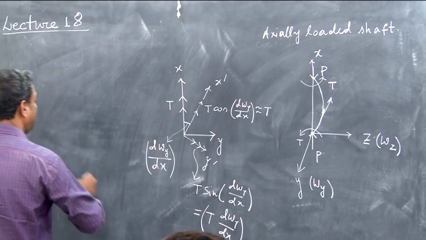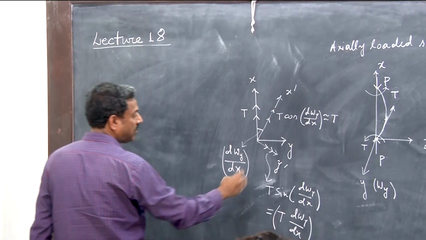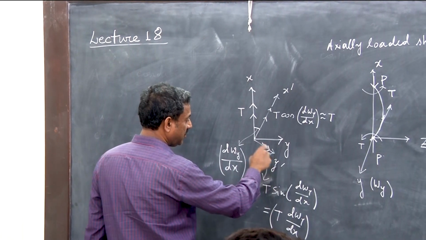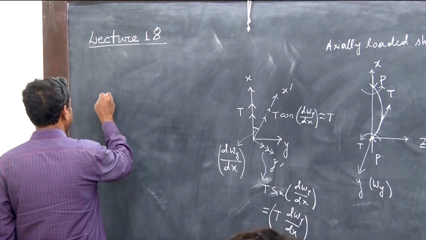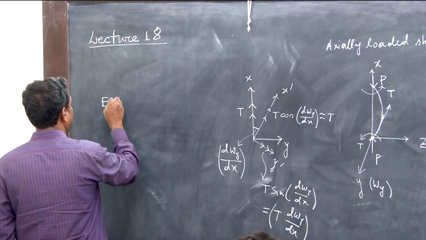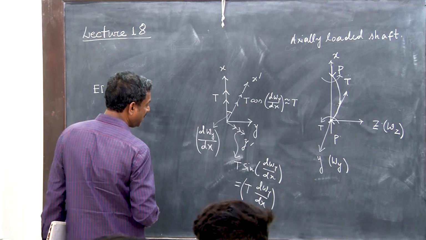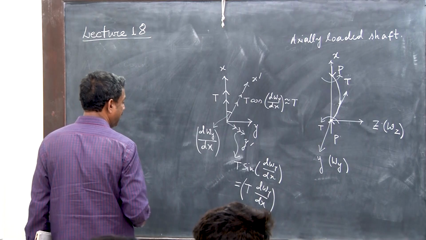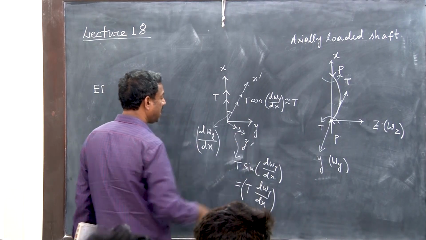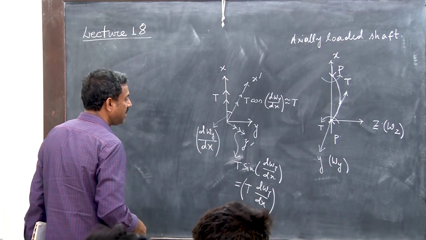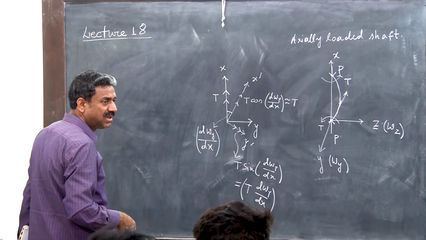Now if I write down the equation in this plane, this is called bending with respect to the y axis. If the bending is with respect to the y axis, it will cause deflection along the z axis.